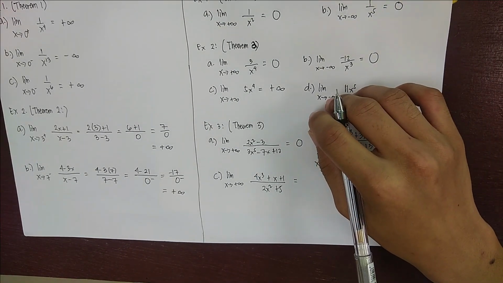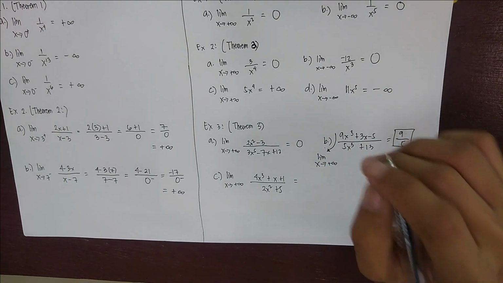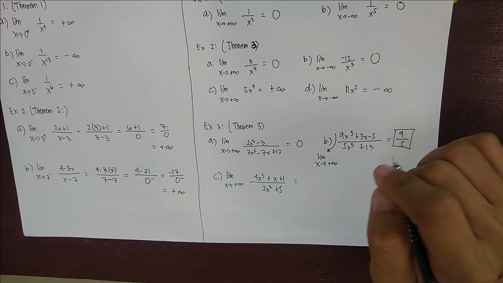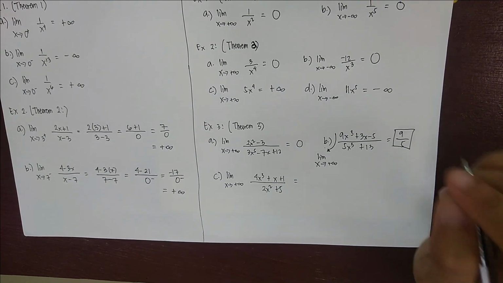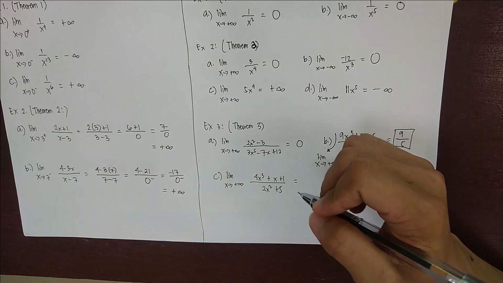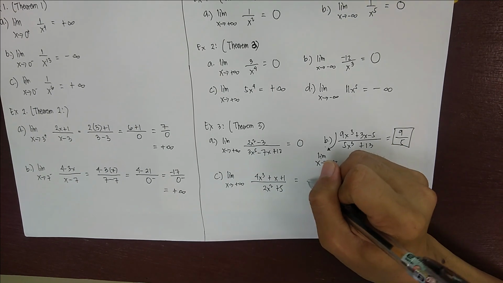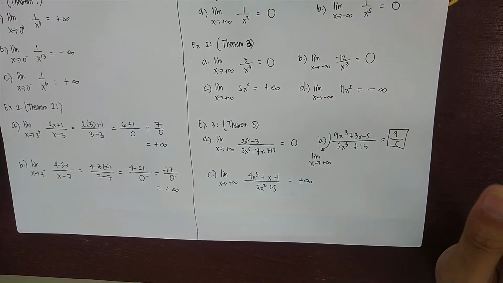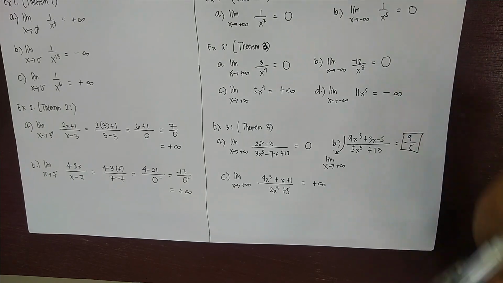So the limit of 4x cubed plus x plus 1 over 2x squared plus 5 as x approaches positive infinity. By applying theorem 3C, the degree of f of x is greater than the degree of g of x. So our answer is yes, positive infinity, since x approaches positive infinity. And that's all, see you next video.